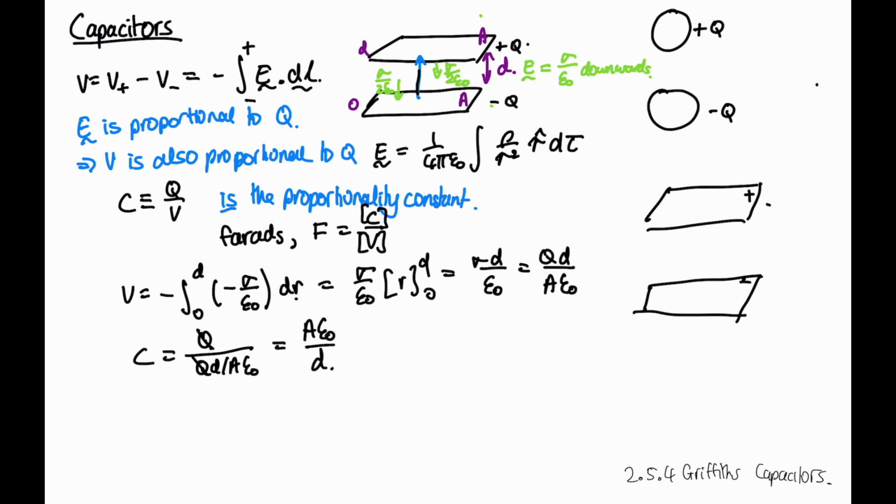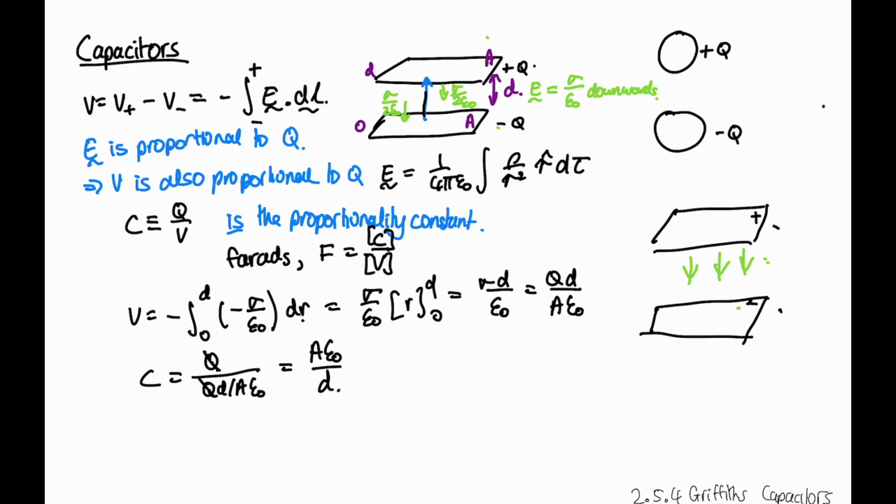And as this becomes more positive and this more negative, we get a stronger and stronger electric field in here. And so we need to do more and more work to overcome this electric field to move the charge from the lower plate to the upper plate.